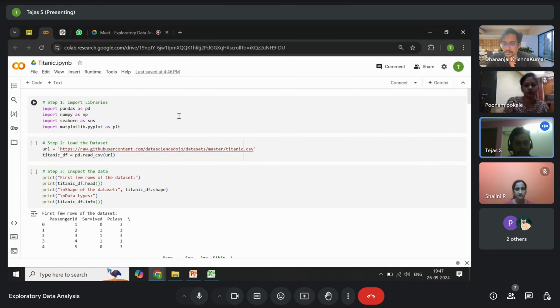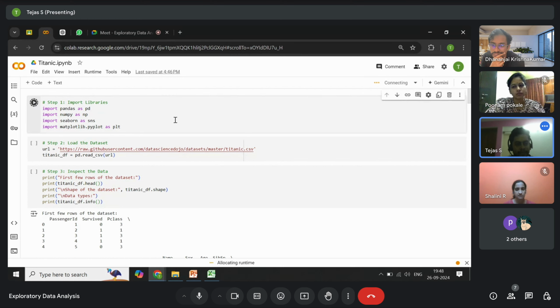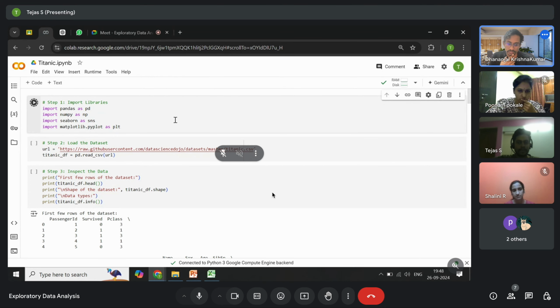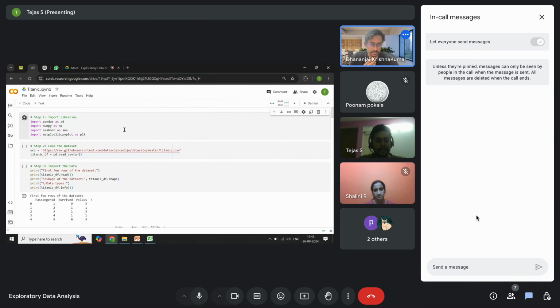First step, we import the libraries necessary for the EDA, and I run it. Next step, I load the data set.